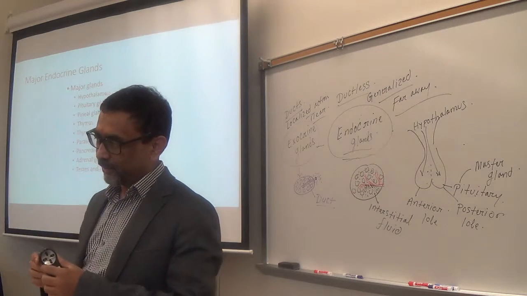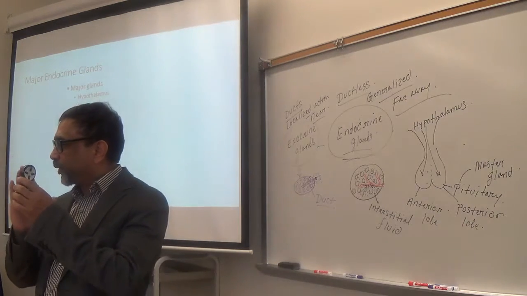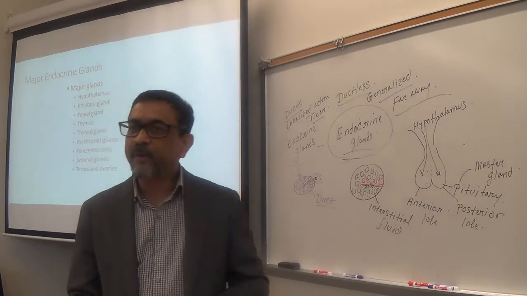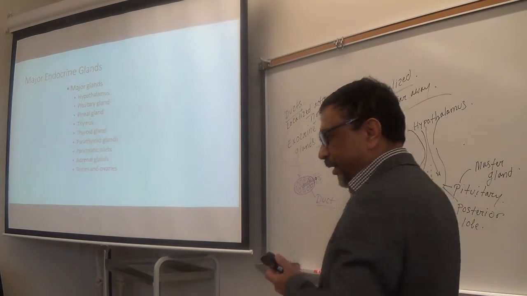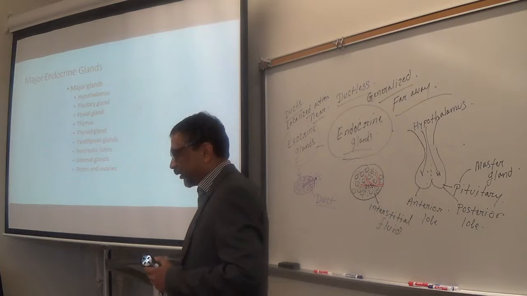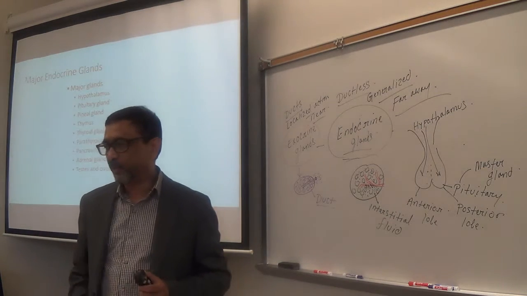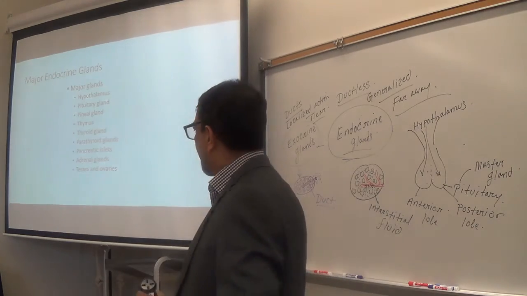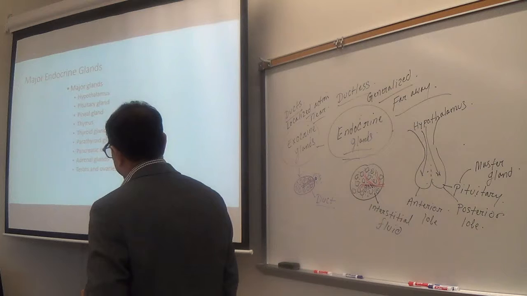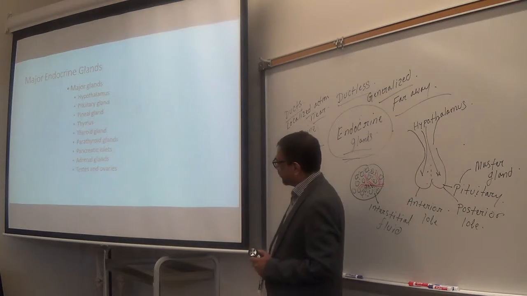Four in number. Small glands attached to the back of the thyroid are called parathyroid glands. Sometimes the number is more than four, usually four, but it can be up to eight. So that's why we say four to eight in number.